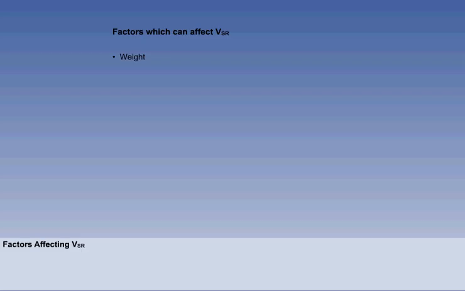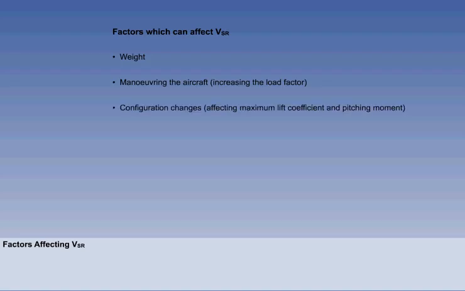They are weight, maneuvering the aircraft, increasing the load factor, configuration changes, affecting maximum lift coefficient and pitching moment, engine thrust or propeller slipstream, Mach number, wing contamination, and heavy rain. We shall now examine how these changes work.